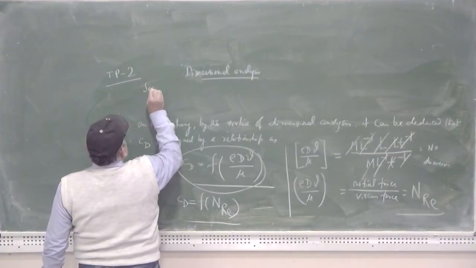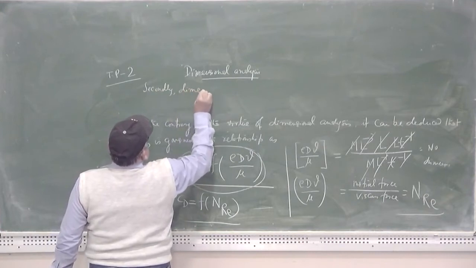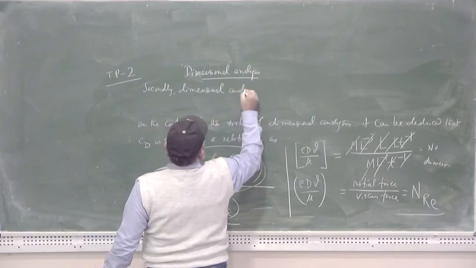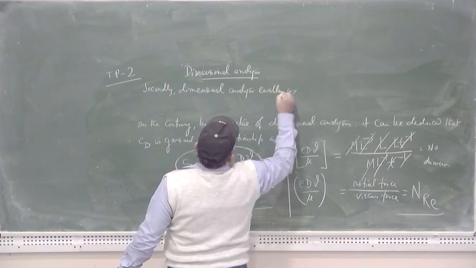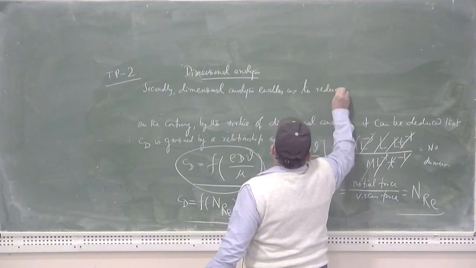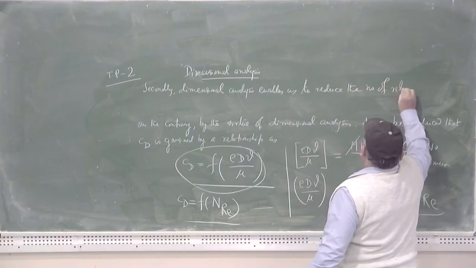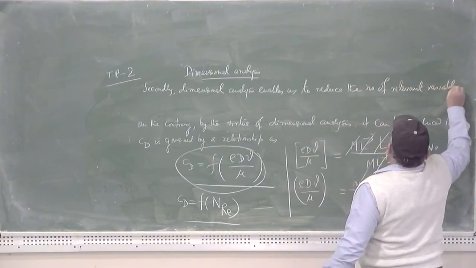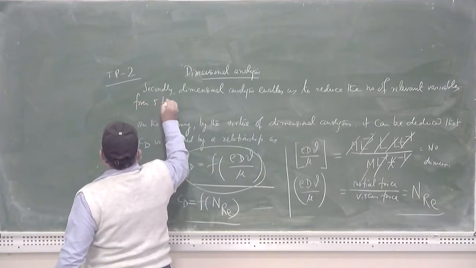So, secondly, dimensional analysis enables us to reduce the number of relevant variables from 5 to how much?